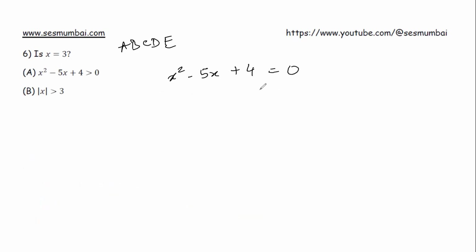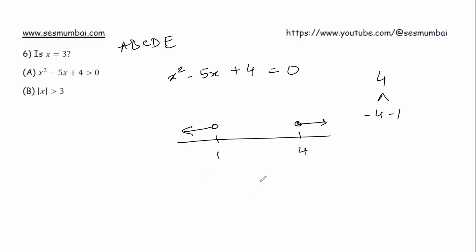The way to solve is to equate it to 0 and then find the factors. Factors are minus 4 and minus 1, which add up to negative 5 and multiply to positive 4. So on the number line, we know the values are 1 and 4. And since it is greater than 0, it will be on the outside.